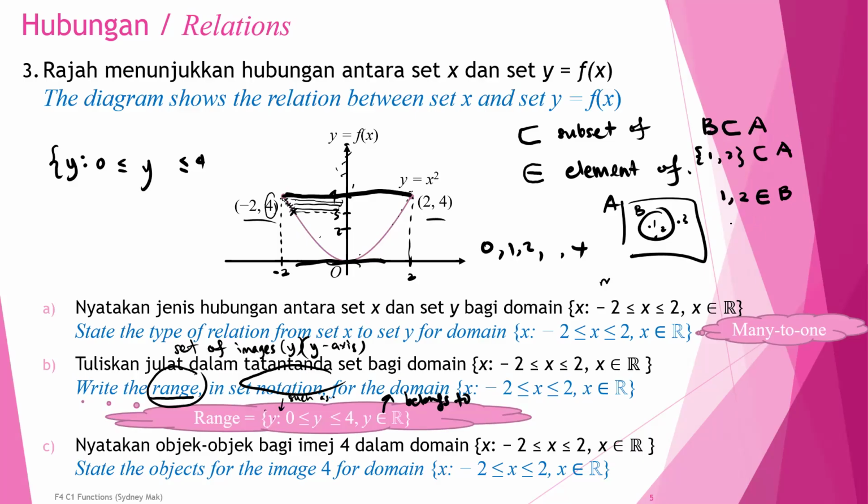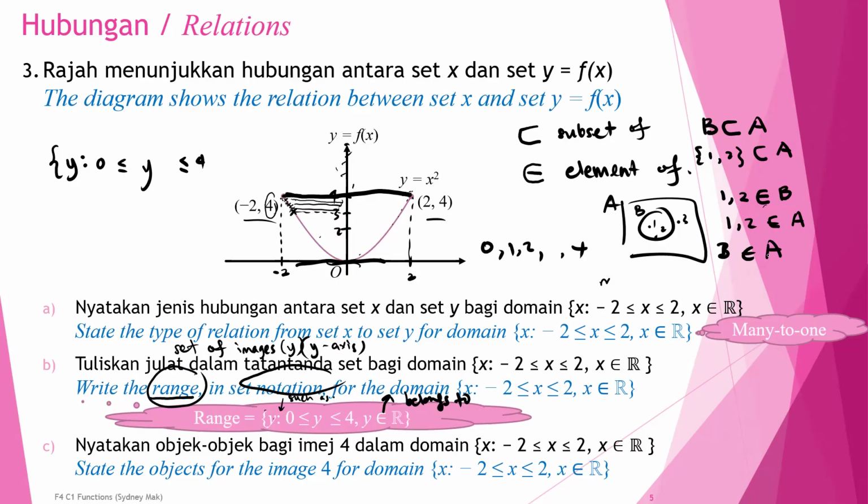Okay? So this symbol with the small dash inside, small dash refers to the member inside. So the whole symbol is read as element of. Element of. So can I write like this? 3 is the element of A or B?